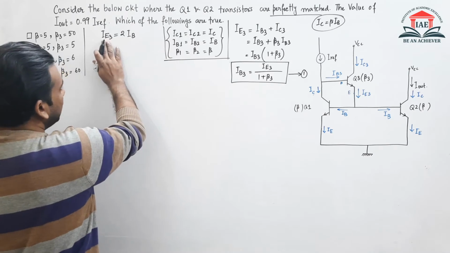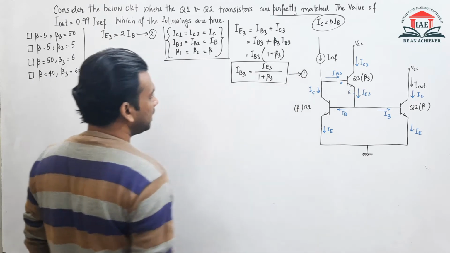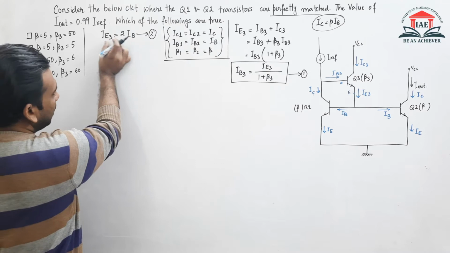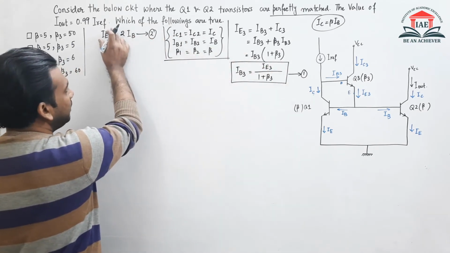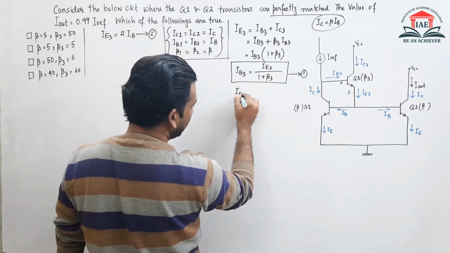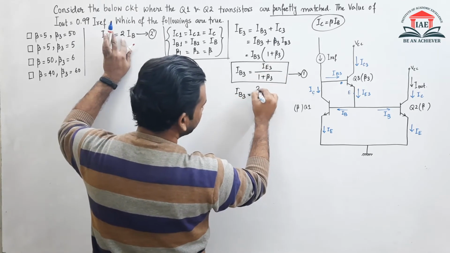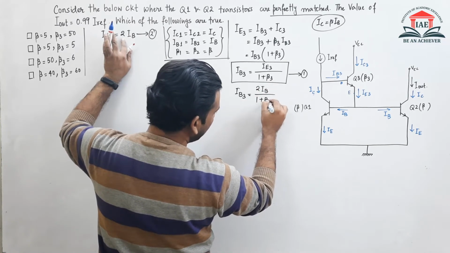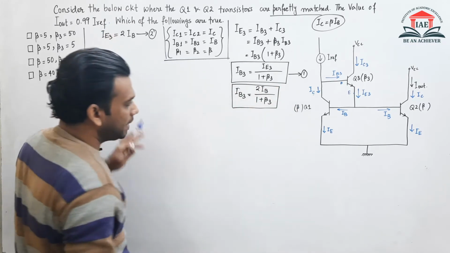So from these two equations, ये मेरा equation number 2, ये मेरा equation number 3, you can see, equation number 2 से ये IE3 का वैल्यू मैं यहाँ पे पुट कर सकता हूँ. So if I put the value of IE3 from equation number 2 in equation number 1, then IB3 will be 2 of IB divided by 1 plus beta 3. So this is the equation for IB3.